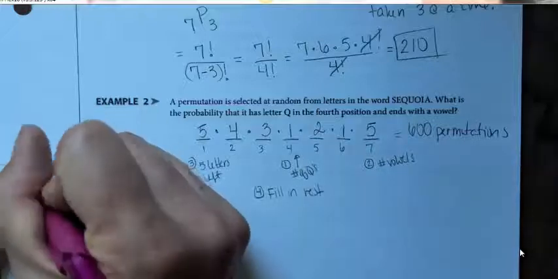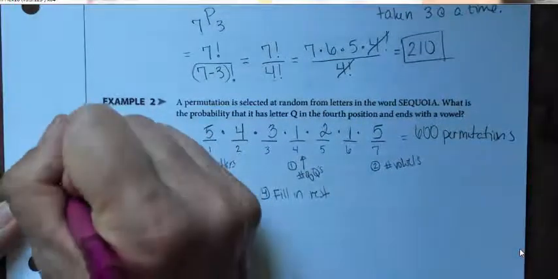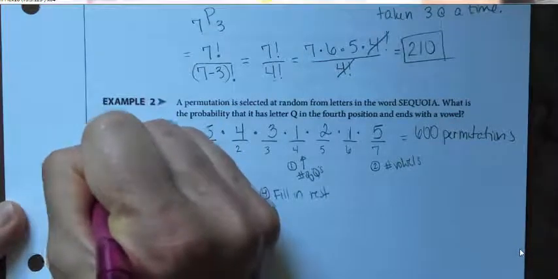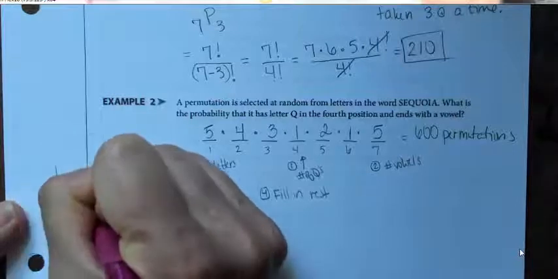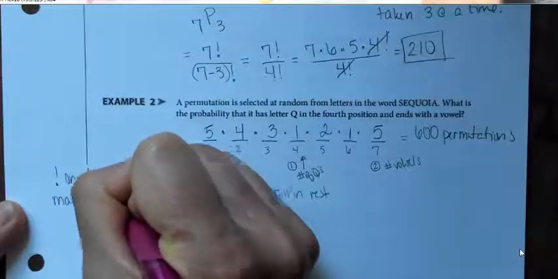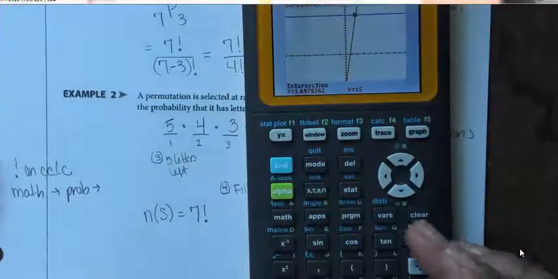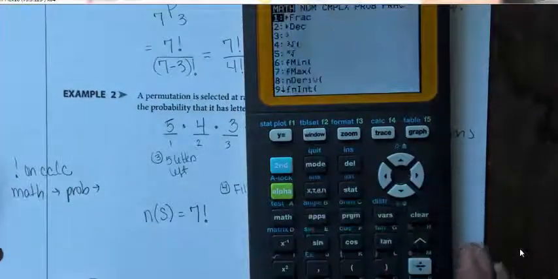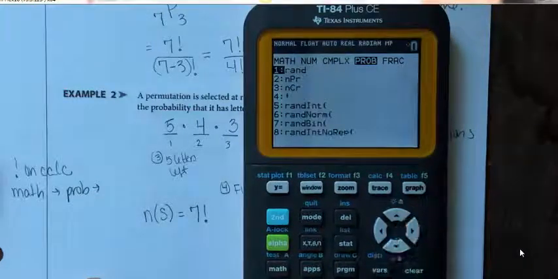Now you can do 7 times 6 times 5 times 4 in your calculator, or I can show you how to actually find that on your calculator. So the factorial, which is that little exclamation mark on your calculator, is going to be under math, probability.